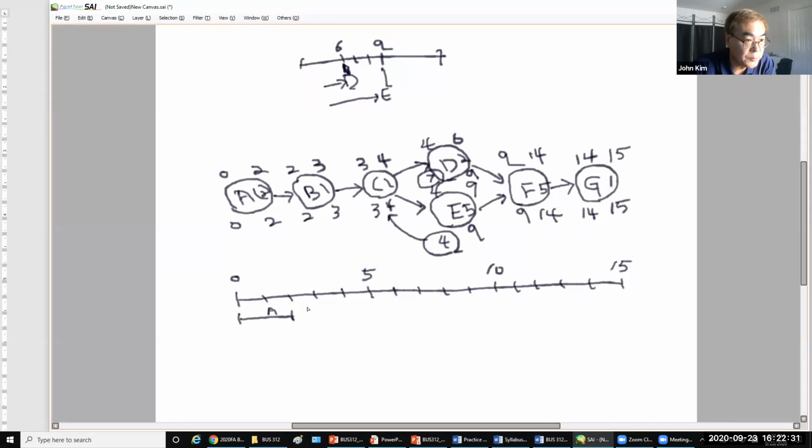And activity B starts at 2 and finishes at 3. Activity C starts at 3 and finishes at 4. And activity D, 4 and 6.